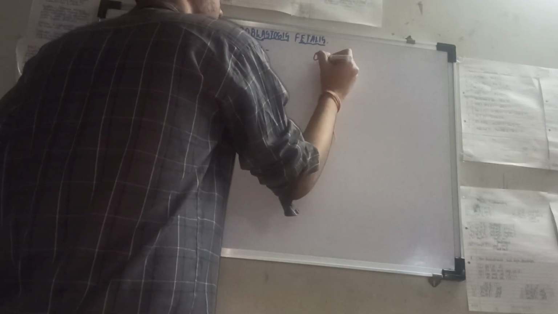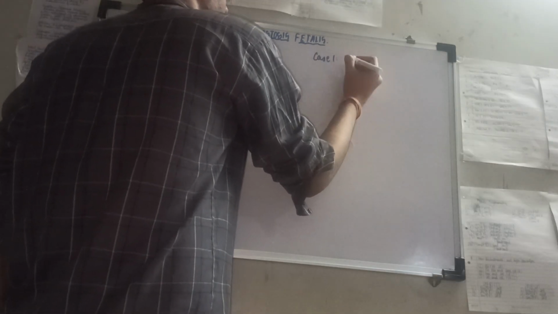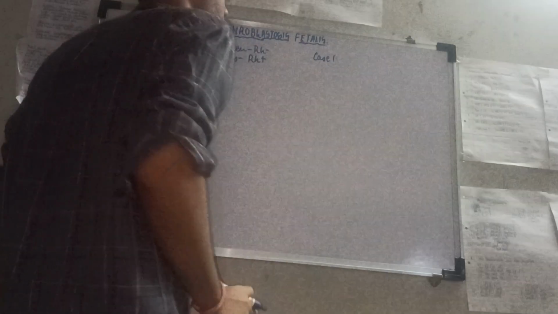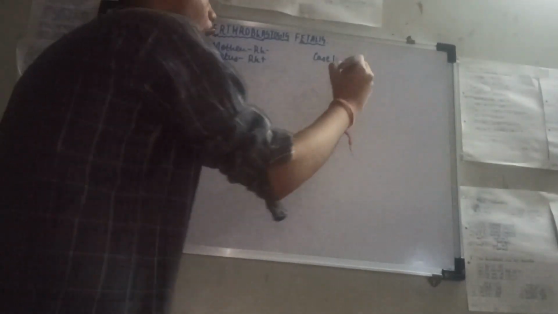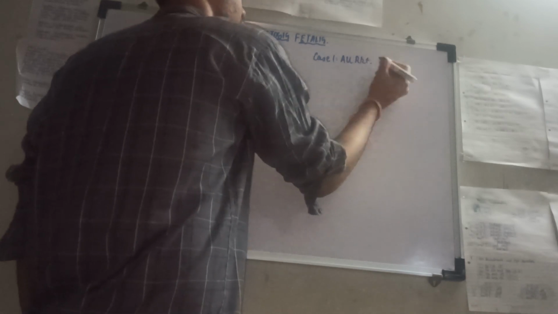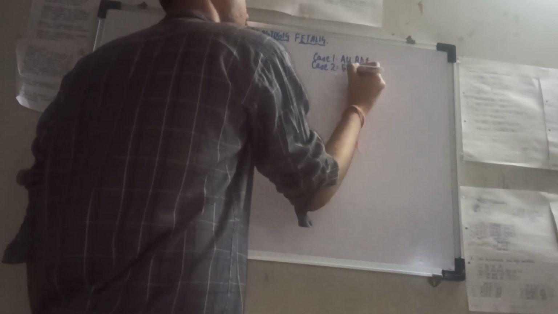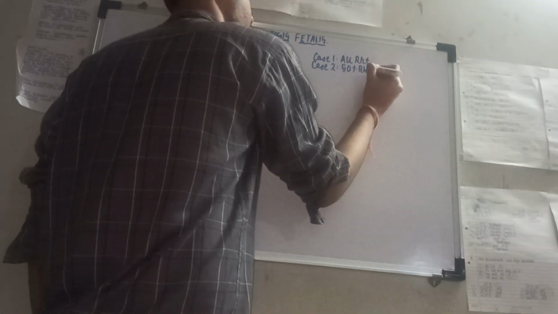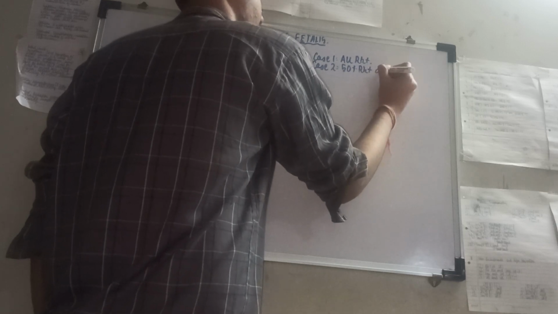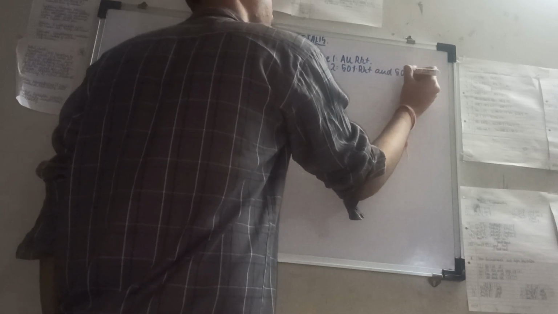So in genetics we can deal with this properly if I make it as case one and case two. Case one is all RH positive, and case 2 is 50% RH positive, that is the child, and 50% RH negative.